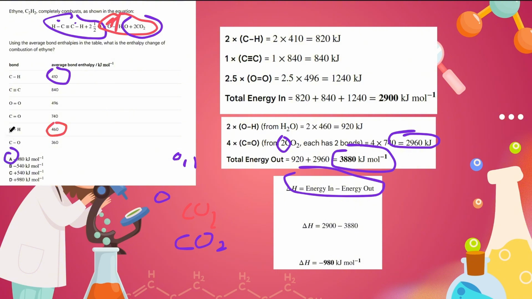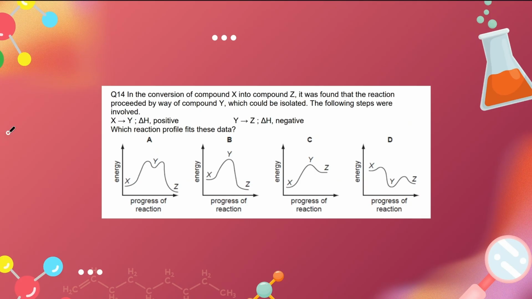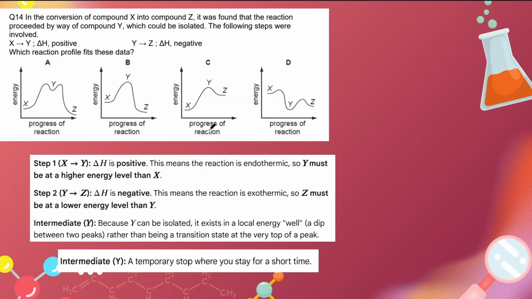Okay. This is a pretty interesting question. Maybe a lot of you might answer positive, yes, of course, or negative. Actually, the answer is A. Why is it A? Because first of all, we know there is an intermediate. Wait, what is an intermediate?